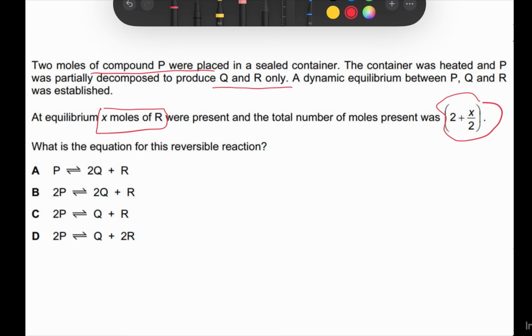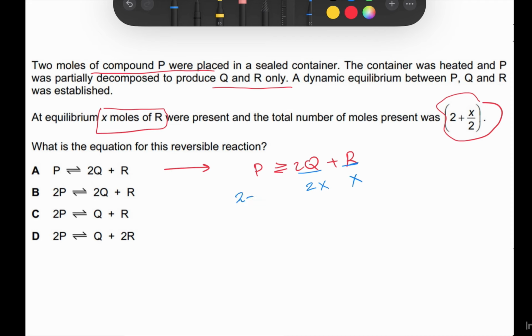So we will start with the first one here, and let's analyze it. I will rewrite again, P gives 2Q plus R. The question says that we got R as X, so we put X in here. And we can see that the Q here is the double of R, and that's why it's 2X. We started with 2 moles of P, and that's why you remember that we have 2 minus, but minus what?